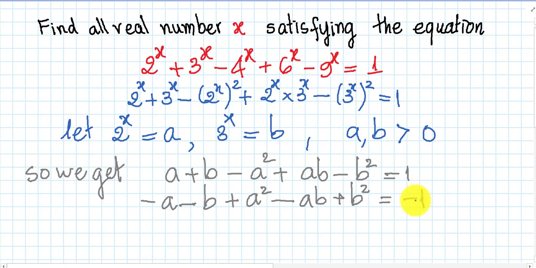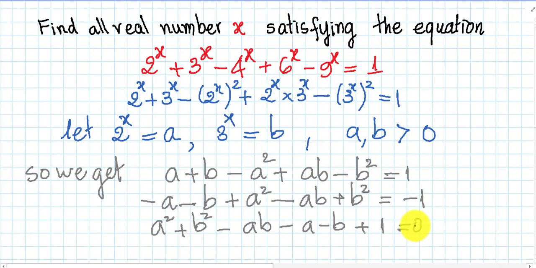And I change minus 1 to the left side. I get a squared plus b squared minus ab minus a minus b plus 1 equal 0.